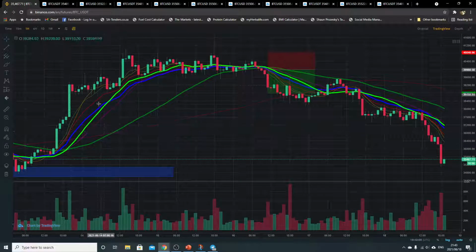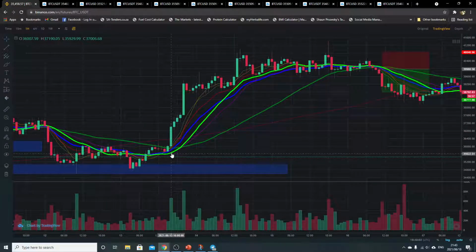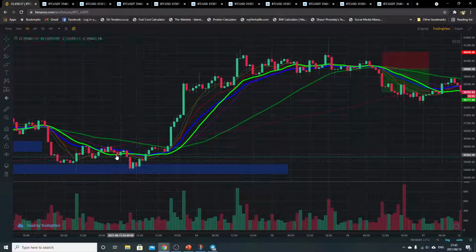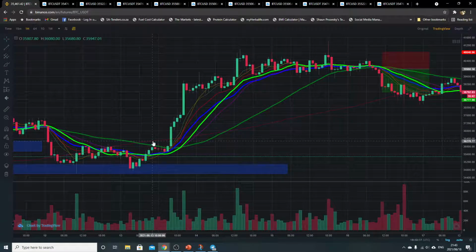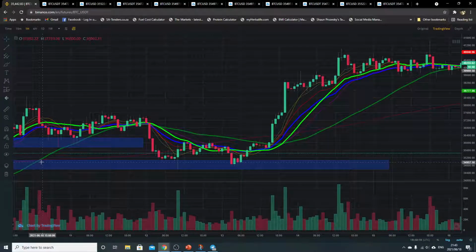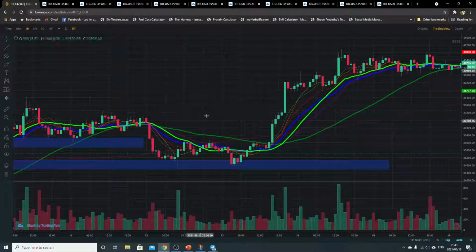Price went up. Why did price go up? The 20 moving average was getting close to the 50 moving average, and at the same time it was going up towards the 100 moving average, because it was down here. You see the pattern, guys.